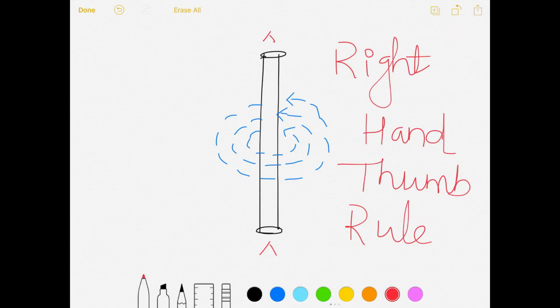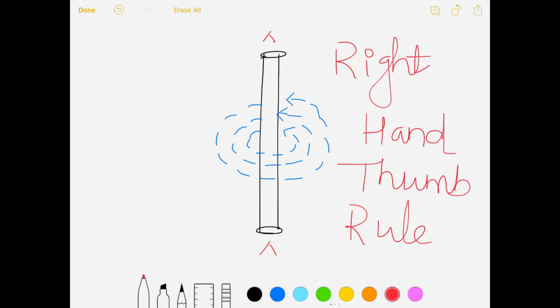When you hold a wire in your right hand like this, where the thumb points in the direction of electric current, and when you curl your fingers inwards like this, when you hold the pen and when you curl the fingers like this, then the direction of the fingers curling shows the direction of magnetic field lines. The thumb pointing in the direction of current, the direction of fingers curling in shows the direction of magnetic field lines.